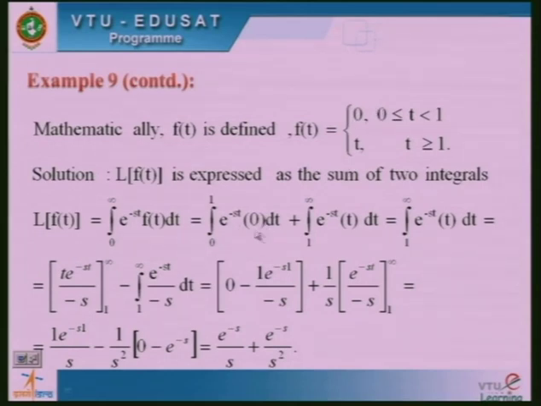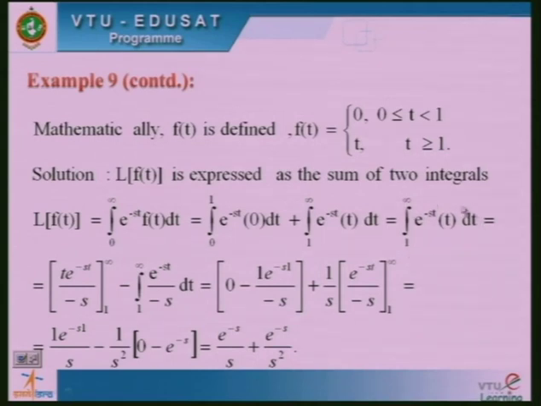I can replace f of t by 0 plus another interval 1 to infinity, because they have defined t is greater than or equal to 1, right. So, I have to replace f of t by t: e to the power minus st into t dt. Again first part becomes 0. Now, I want to evaluate only the second part between the limits 1 to infinity. So, that is equal to integration of 1 to infinity t e to the power minus st dt.